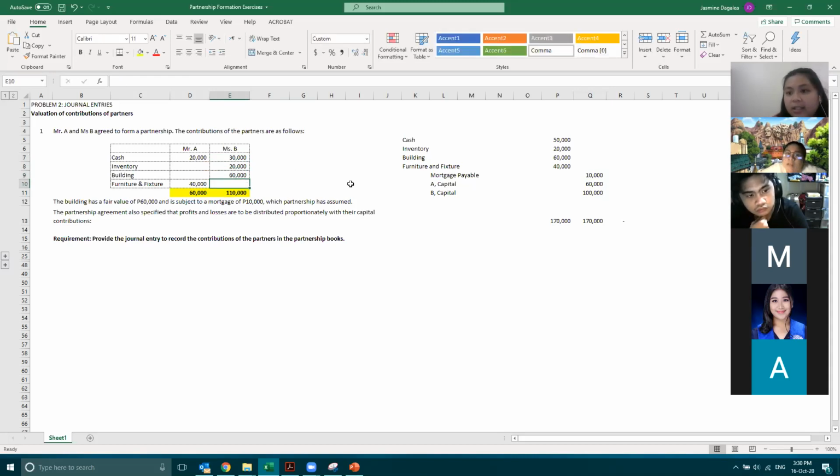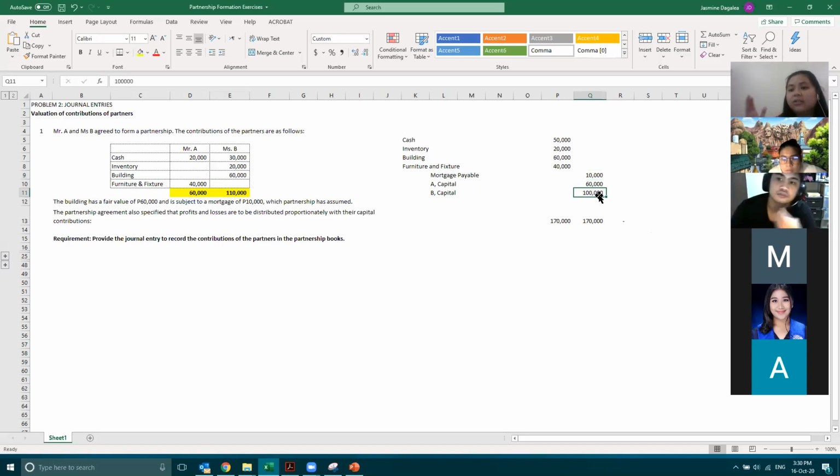So, 110,000 yung total contribution ni B. Pero yung makikredit lang sa capital account niya is 100,000, kasi i-deduct nyo yung mortgage payable na 10,000. Di ba na-discuss natin to kanina? So, 100,000 lang yung credit sa kanya.